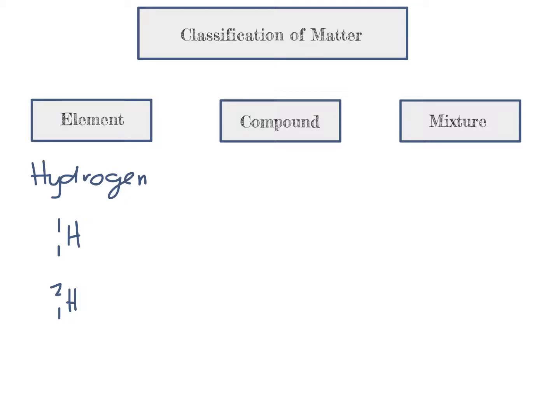A compound, on the other hand, is a mixture of two different kinds of elements connected through a chemical bond. An example could be water that has two different elements in it, hydrogen connected to an oxygen connected to another hydrogen. Or we could have examples like sodium chloride, table salt.